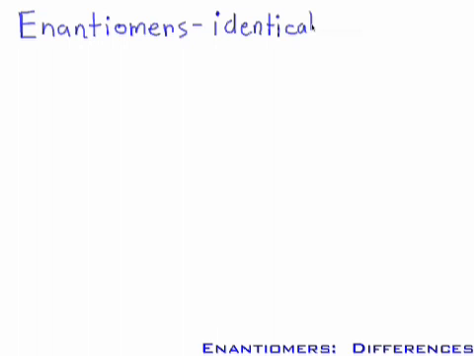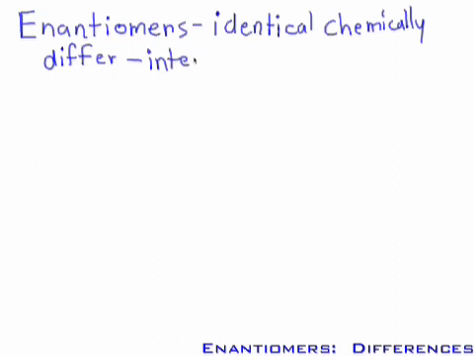Only two properties are different. Enantiomers differ in their interactions with other chiral molecules.